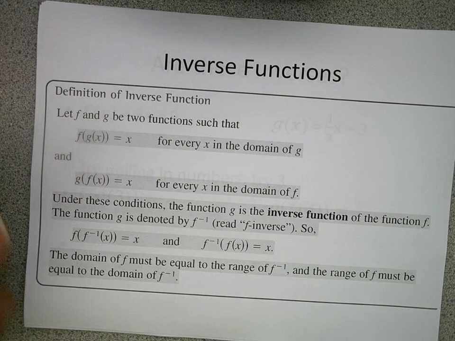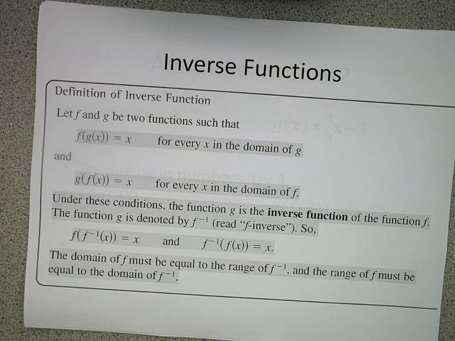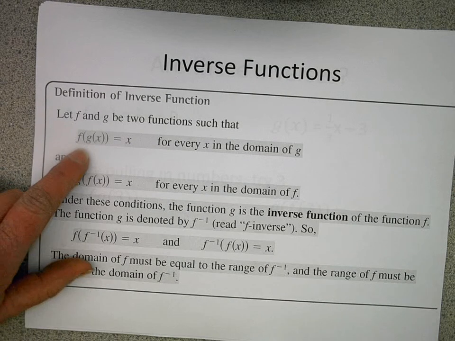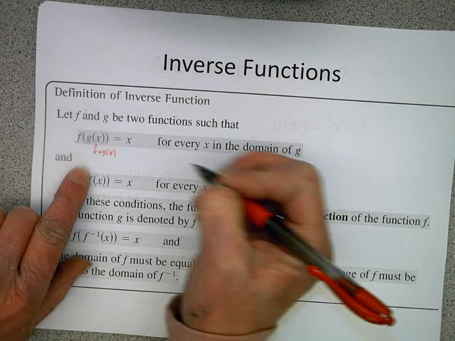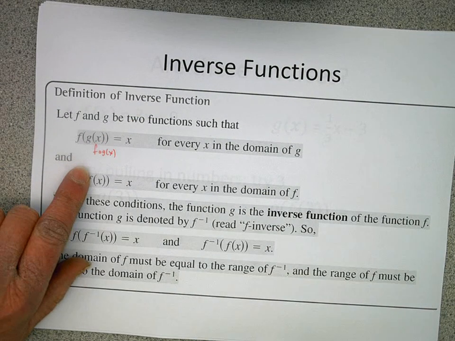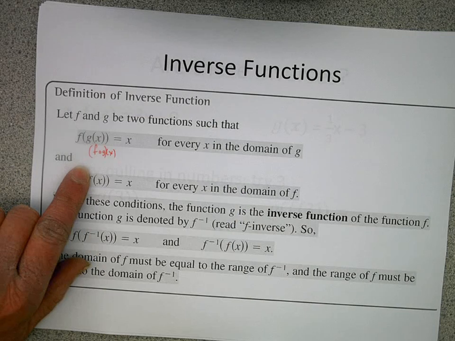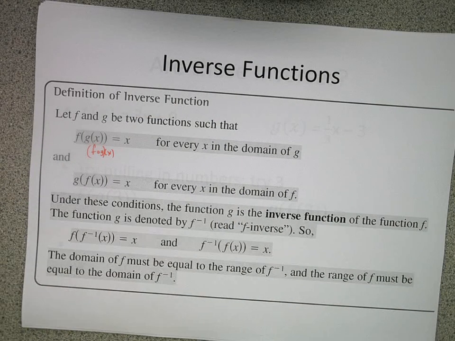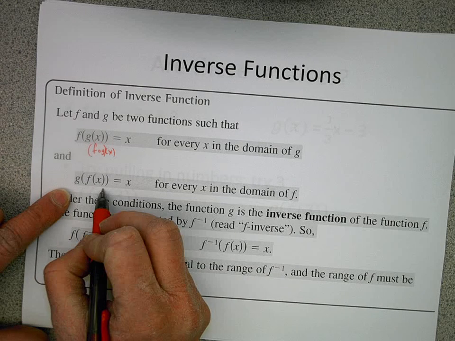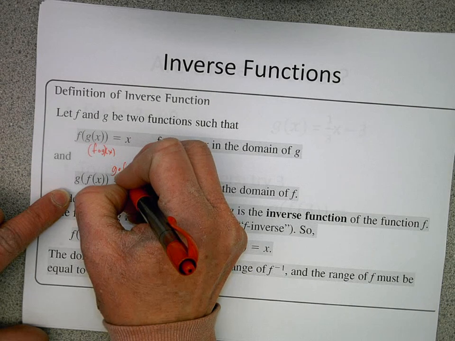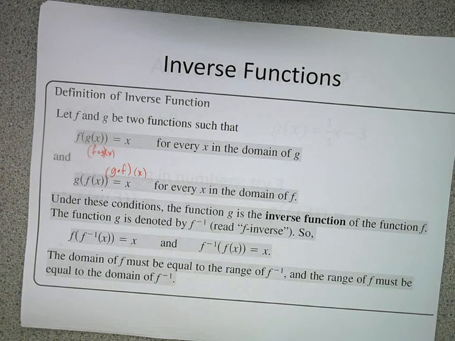Okay, inverse function. So at the top of your notes on the far upper right, it has this. Let f and g be two functions such that f of g of x, which remember means f composed with g, equals x for every x in the domain. Okay, we had a homework question like that, which I'll talk about in a second. And unfortunately I have to check both, g of f of x, or g composed with f, also equals x.